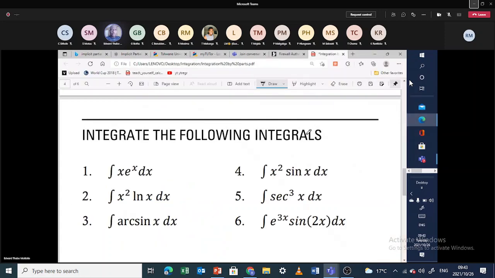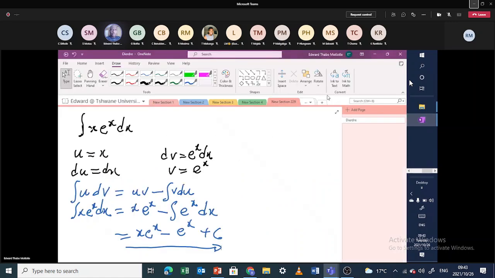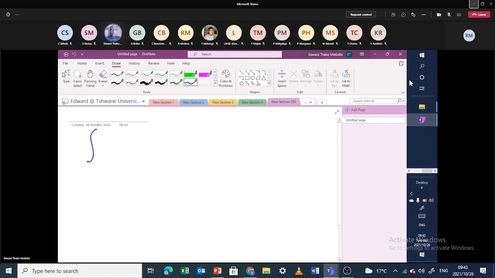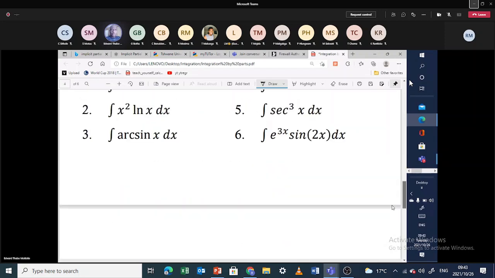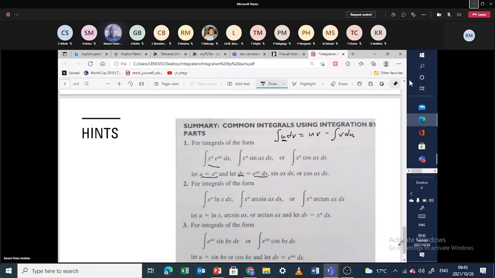Okay, let's go here. Now number 2, we have the integral of x squared ln x dx. Now we go to the hint again and check what they give us as a hint. On the hints here, they say if you have x to the power n ln x, your u is equal to ln x and dv is equal to x squared dx.